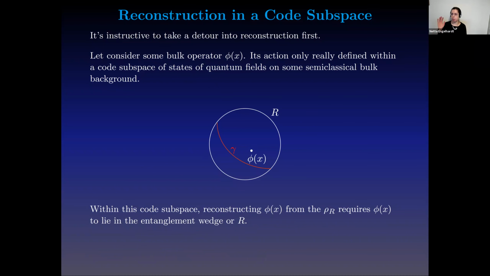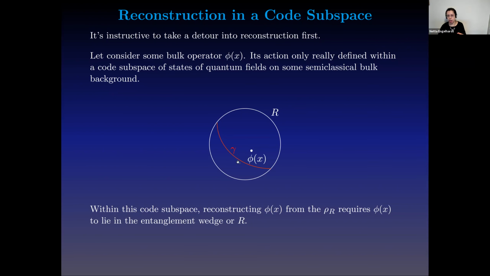We have some quantum fields in our bulk spacetime. We have some region R, this is the quantum extremal surface, this is the entanglement wedge. Now, this local bulk operator phi of x, its action is only really defined within a code subspace of states of quantum fields and some semi-classical bulk background. To be precise, most bulk states are going to have some large black hole here.